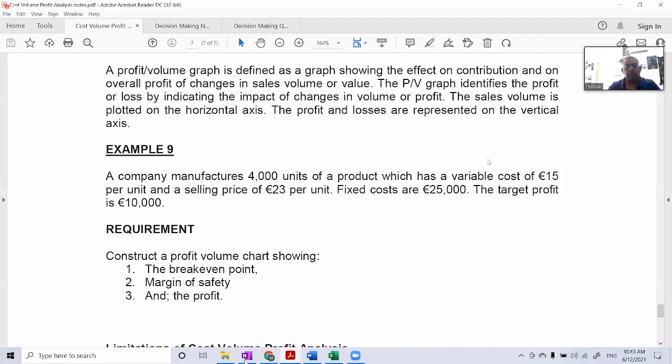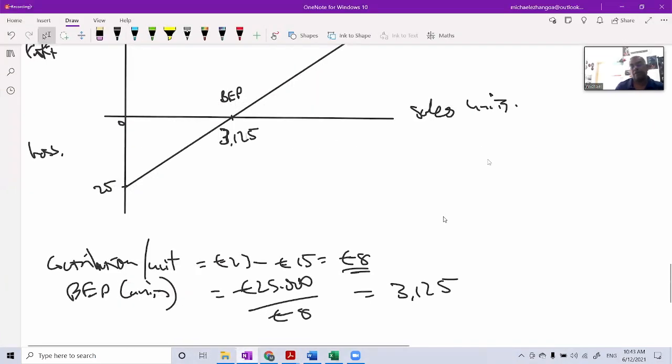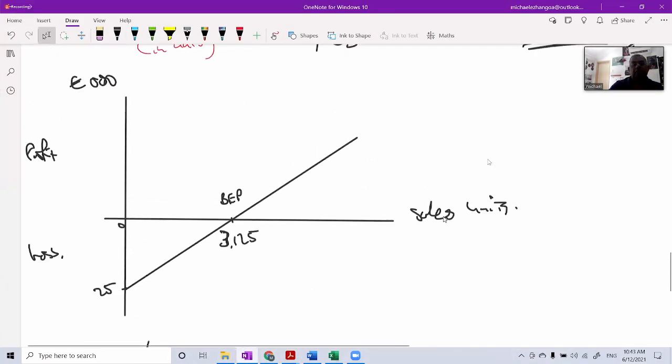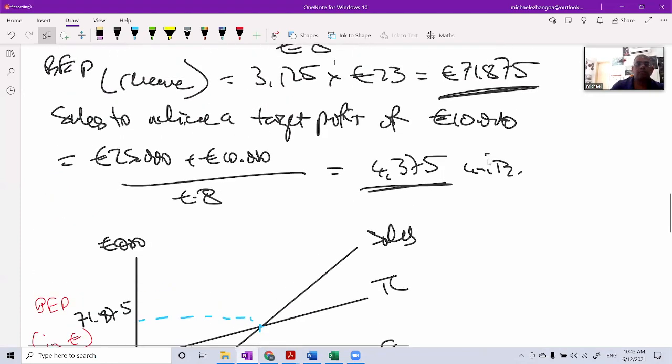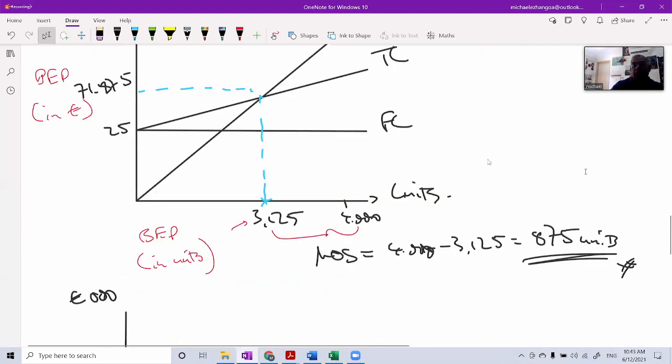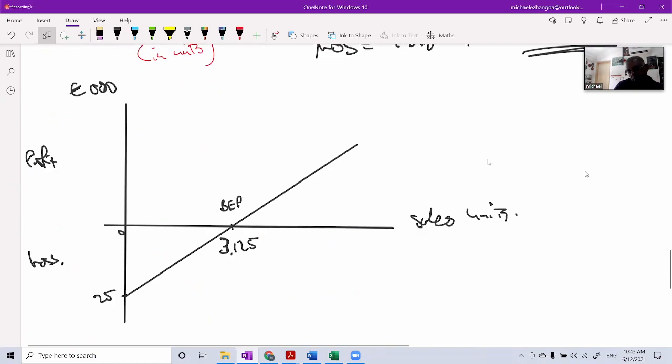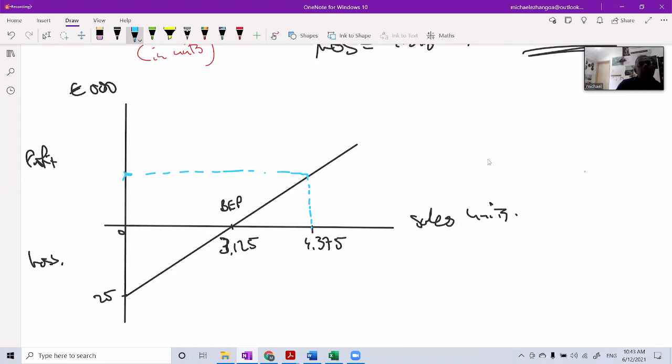So anyway, break-even is 3,125, and for a target profit of 10,000, you need to sell 4,375. So if this is 4,375, that figure here would be 10,000.